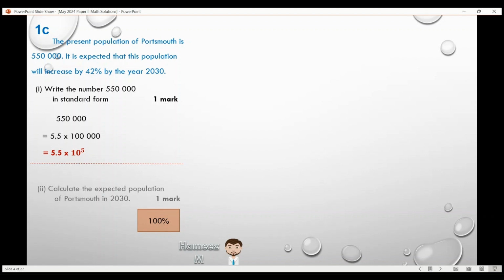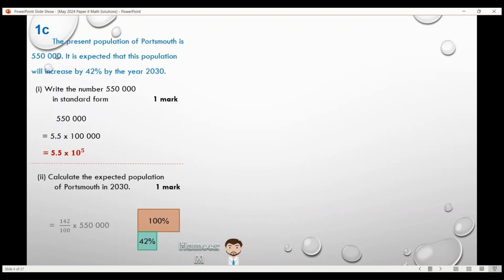Part 2 now. Calculate the expected population of Portsmouth in 2030. So we know 100% of the people presently gives us 550,000, and we want to add another 42%. So there are a couple different ways you could do this. You can find out what is 42% of 550,000 and add it to the 550,000, or we can just find out for the total in 2030, which is 142%.